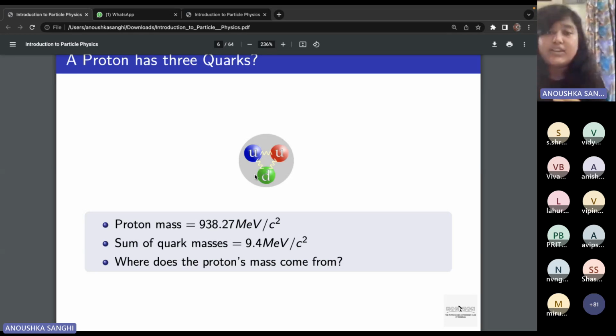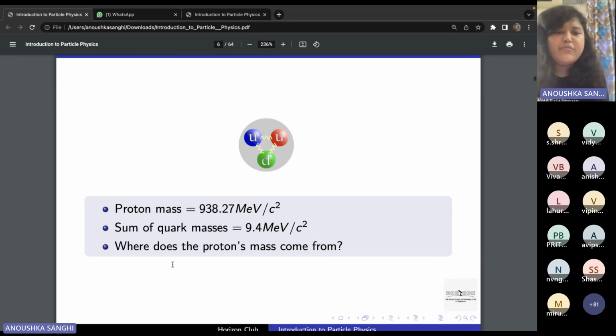Since quarks are moving at a very high speed compared to the speed of light, we need something to bind them, to fix that, right? So that's why I was talking about gluons. So mainly, where does the proton's mass come from?